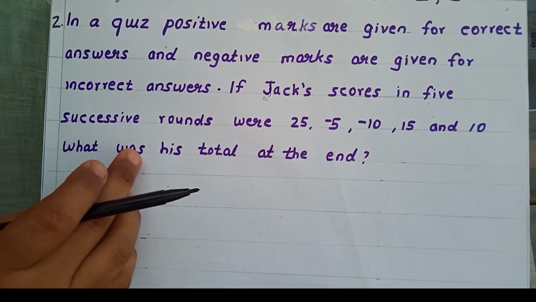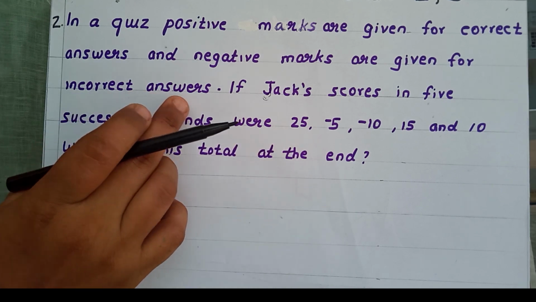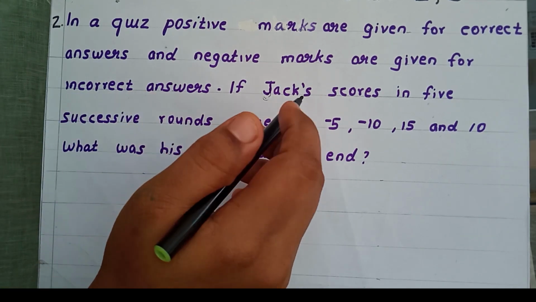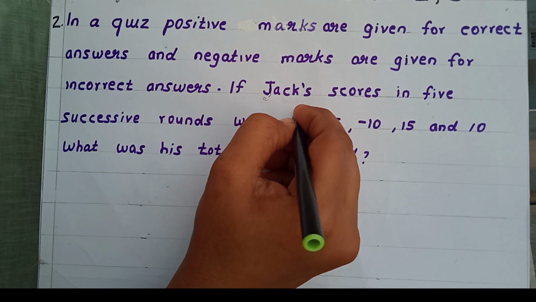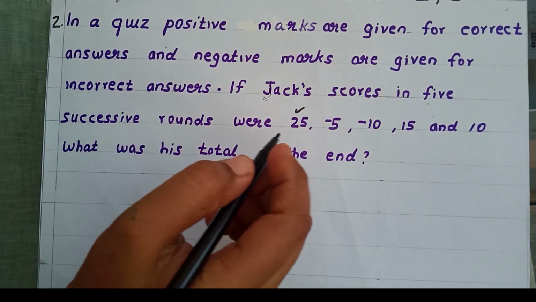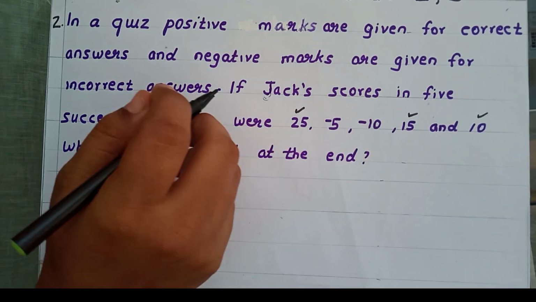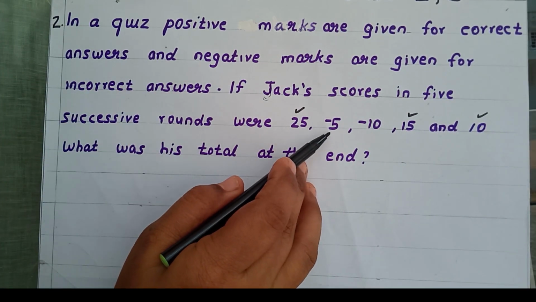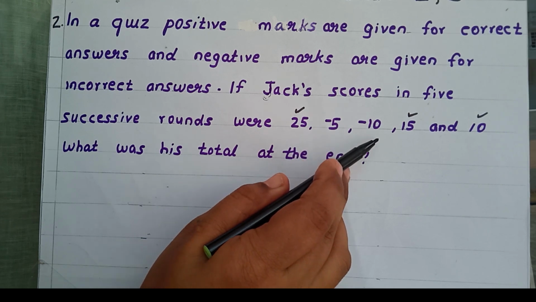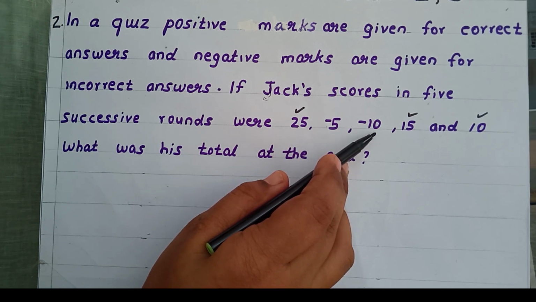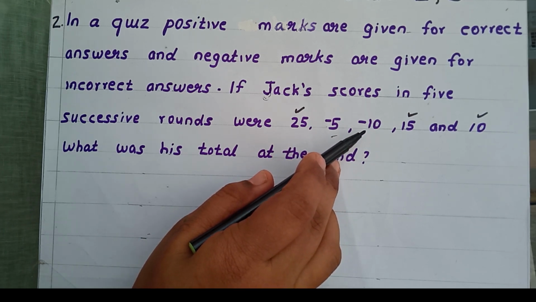To find the total of Jack's scores, see here 25 is a positive number, 15 is a positive number and 10 is also a positive number. But minus 5 and minus 10, these two numbers are negative numbers.